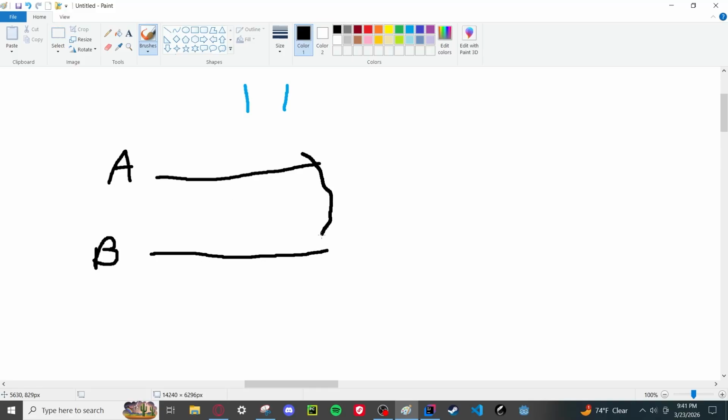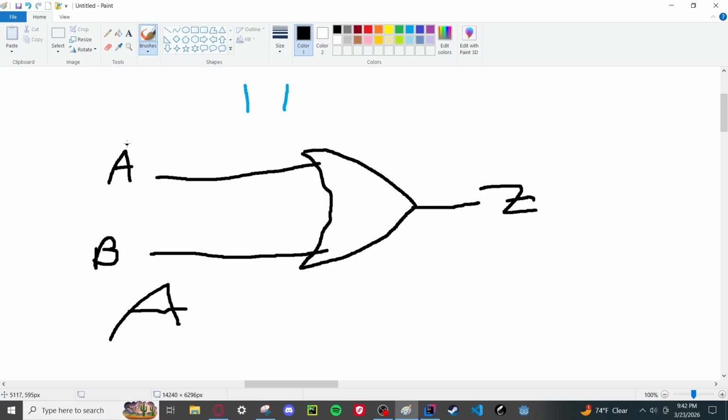Same concept with an OR. You have one line for your condition A, another line representing your condition B, and you kind of have this weird arrow looking shape is how I describe it, with your output coming at the end, right? And well, this is just A or B, right?